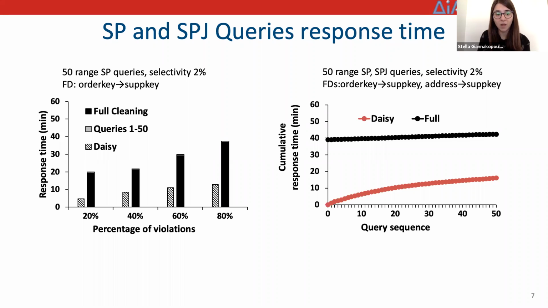Therefore, again, we have a worst case scenario, and we observe that again, DAISY outperforms the offline approach, due to the correlated tuples that it maintains. And in addition, we observe that despite the fact that we have to recompute the join, since we do it incrementally, the response time remains unaffected and is still low.